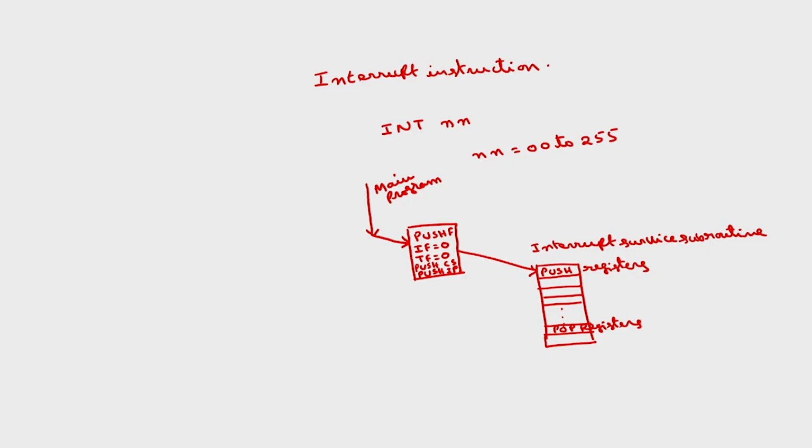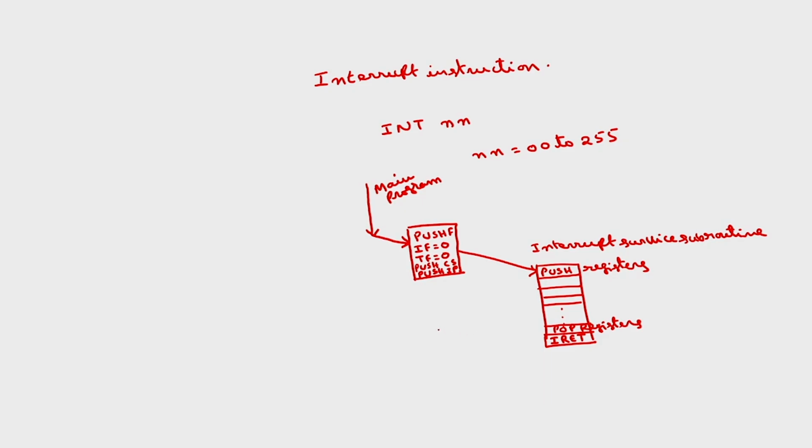At the end of this subroutine, we pop all the registers, and the last instruction of the interrupt service subroutine is IRET. In a general subroutine, the last instruction is just RET. The only difference between RET and IRET is interrupt return.